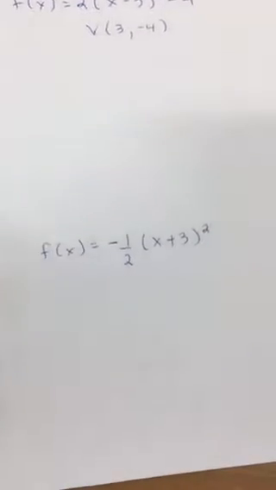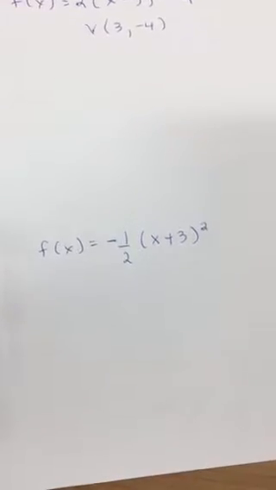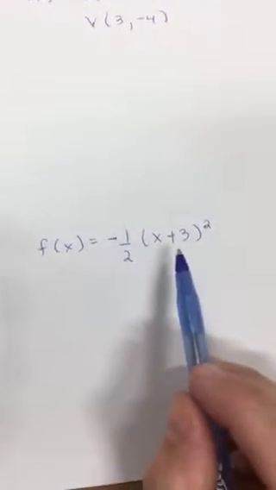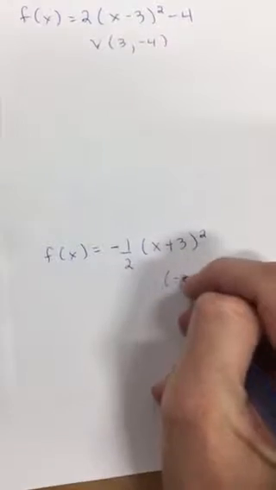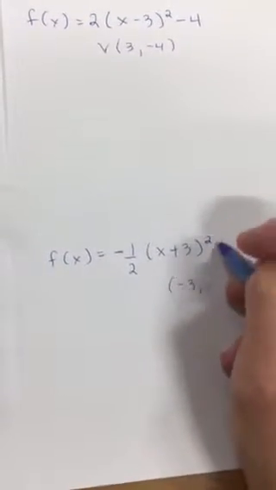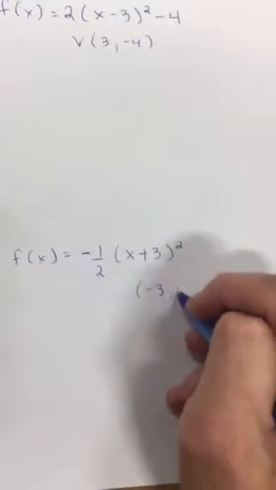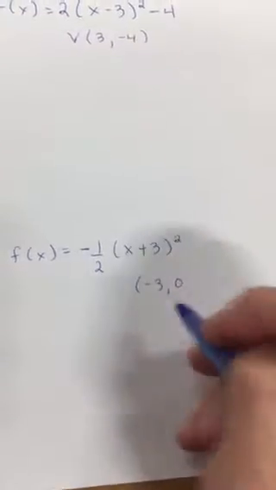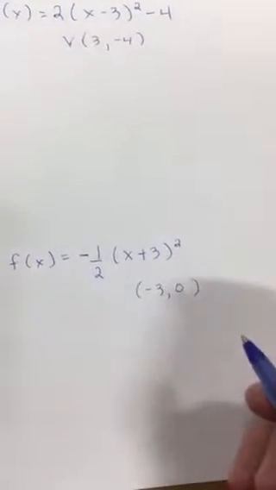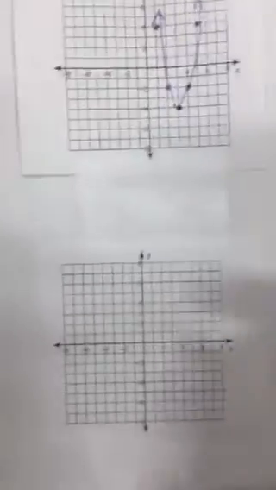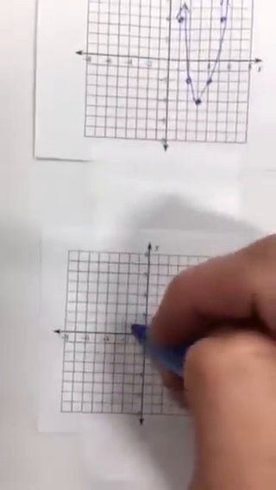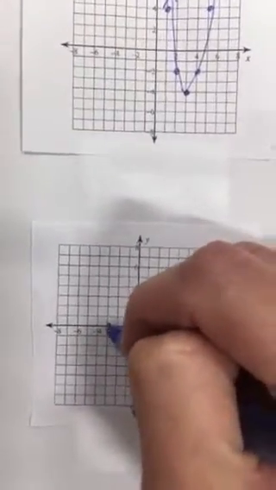And we won't give any vertical transformation to that. So my vertex has been shifted to the left 3, and there's no vertical translation. So my vertex is going to start at negative 3, 0. So over on my graph, I'm going to put a point at negative 3, 0.